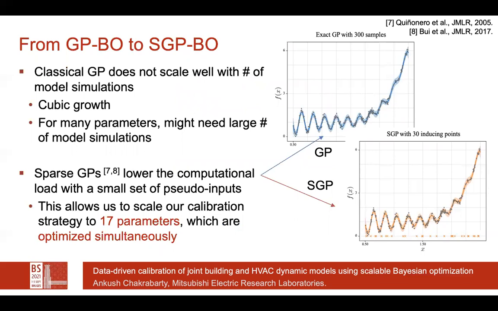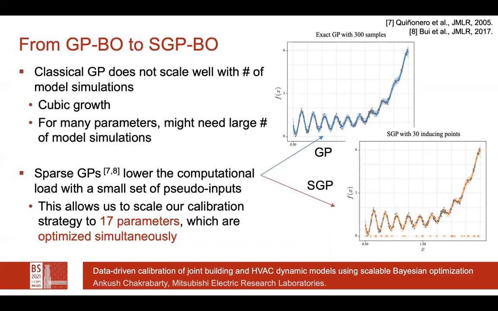We've already established that the major workhorse of learning in Bayesian optimization is the Gaussian process. But a major problem with Gaussian processes is that they don't scale well with the number of data points or the number of dimensions of the problem. In fact, they exhibit cubic growth in the number of data points, which means it's really ineffective when you have more than, say, 2,000 or 3,000 data points or model evaluations.